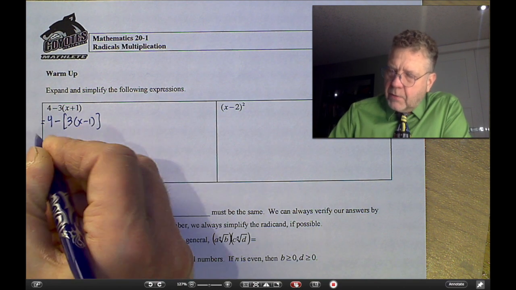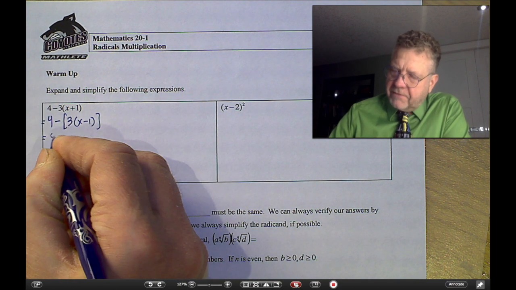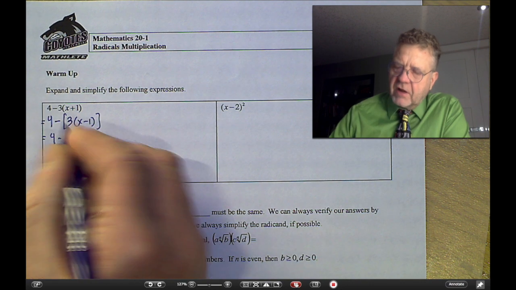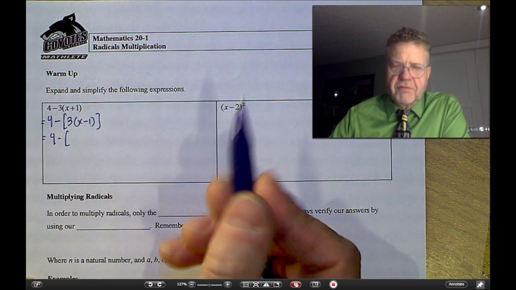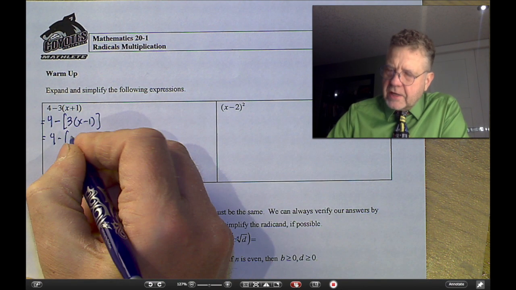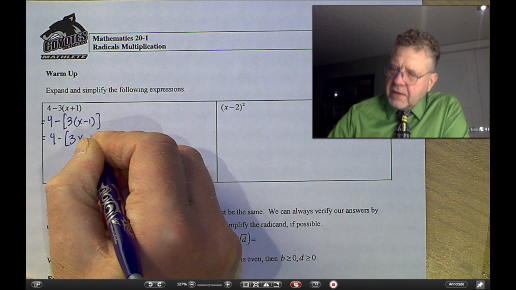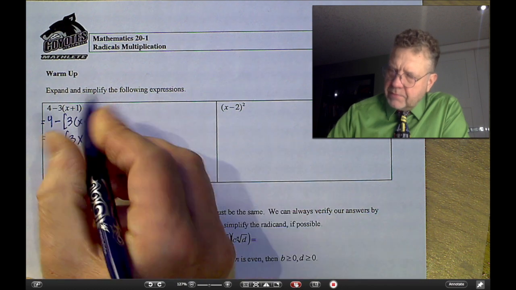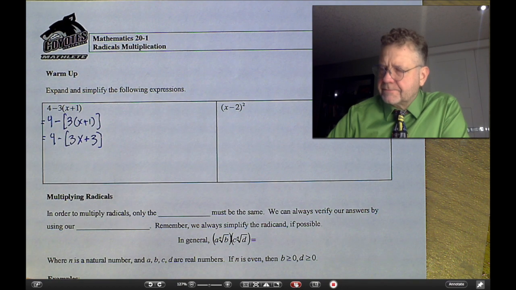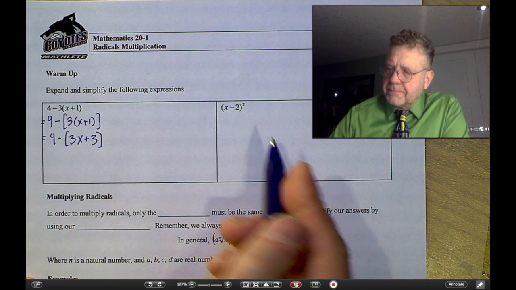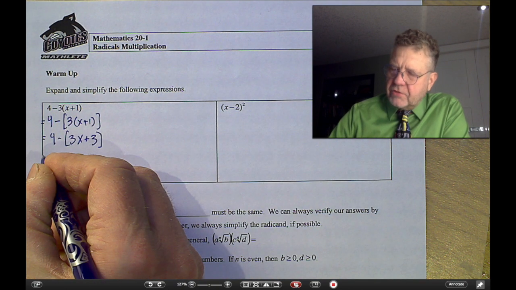But the way I want you to think about this is keep the 4 in your pocket and resolve everything in the brackets. So expand the 3 times x minus 1, and you're going to get 3x minus 3. Whoops, plus 3. Oops, my first mistake, thanks. Now, the next step would be to remove the brackets.